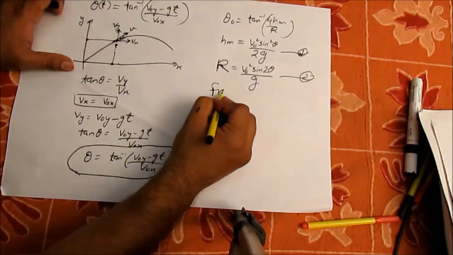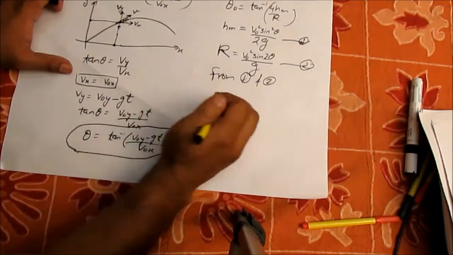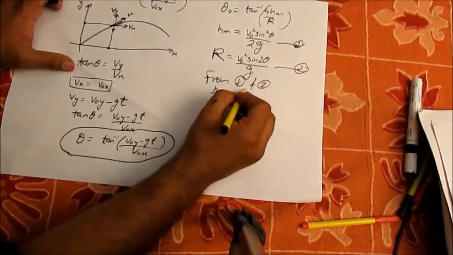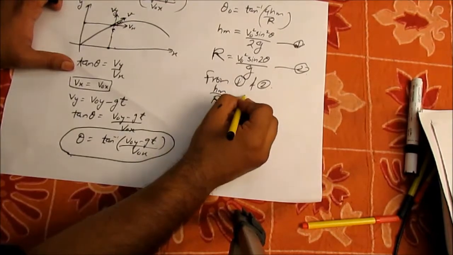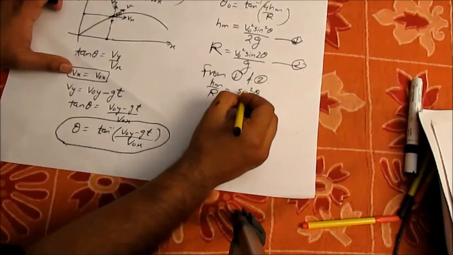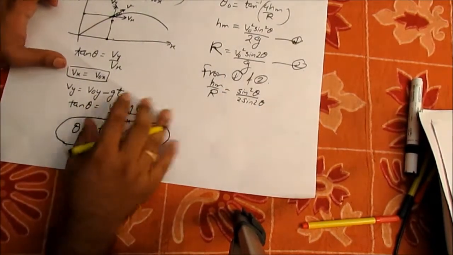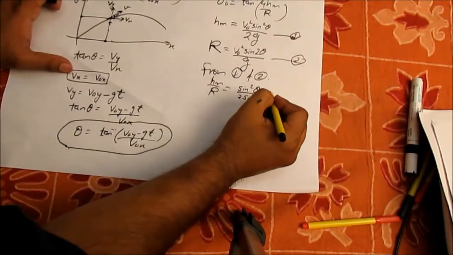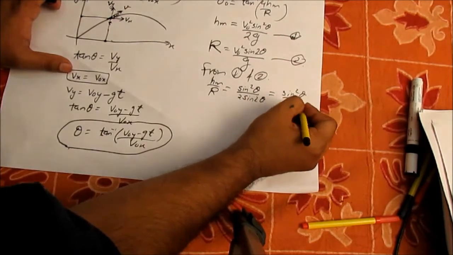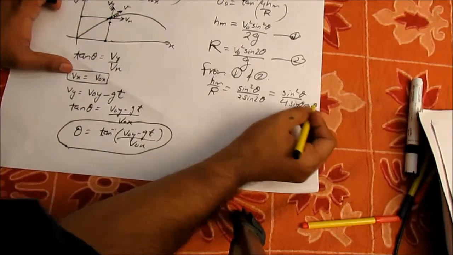So from 1 and 2, hm divided by r is equal to sine squared theta divided by 2 sine 2 theta, which is equal to sine squared theta divided by 4 sine theta and cos theta.